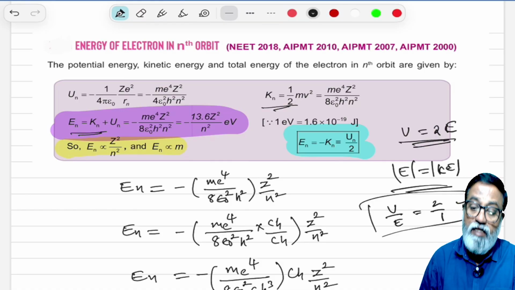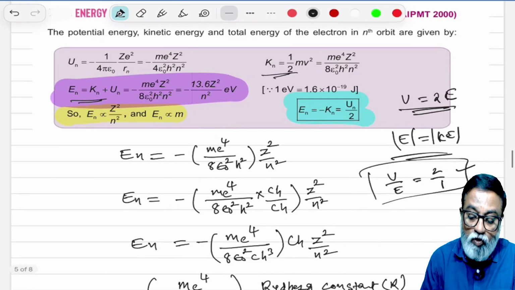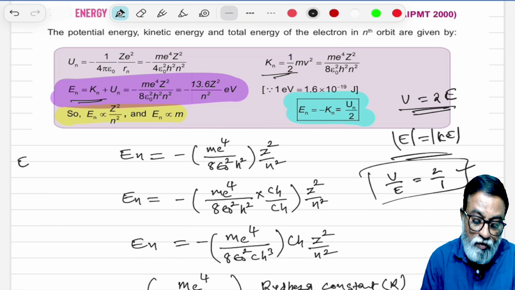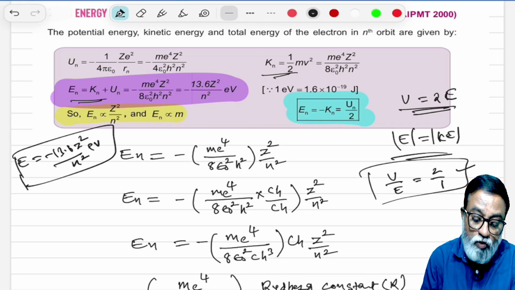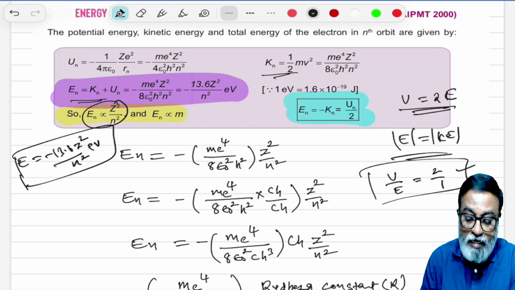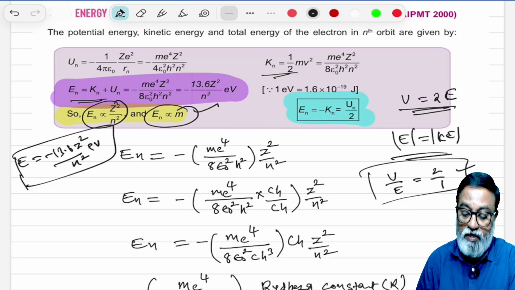This is about another important thing. Here total energy E is equal to minus 13.6 Z square by n square electron volt. This is one of the important formulas for this chapter. See here, total energy is proportional to Z square by n square, and also proportional to mass.